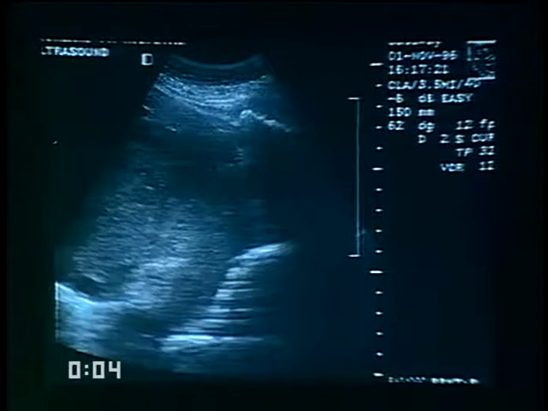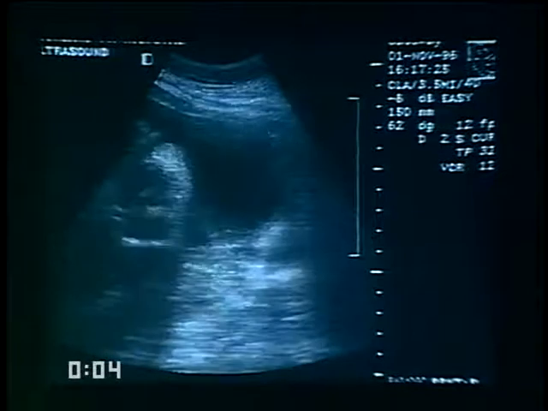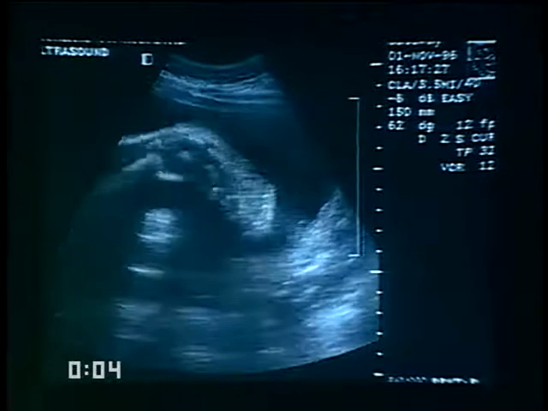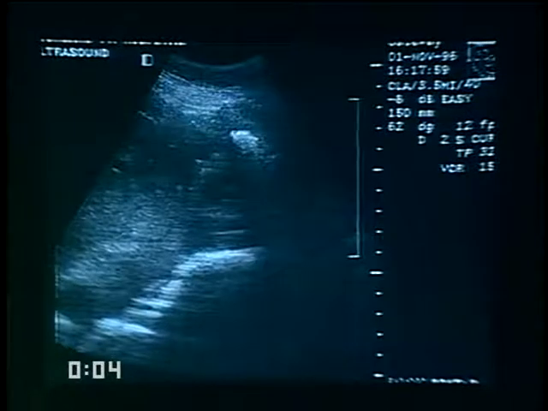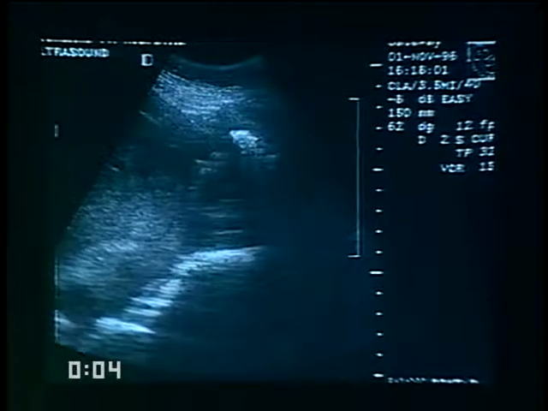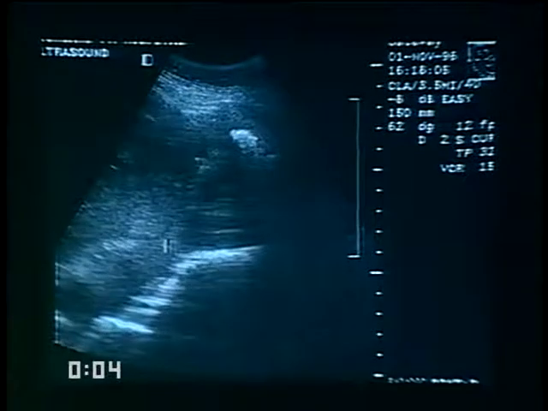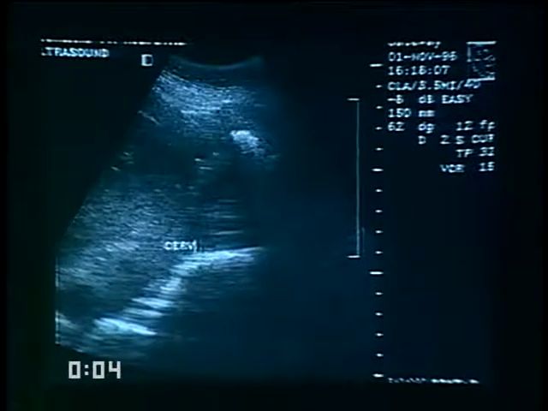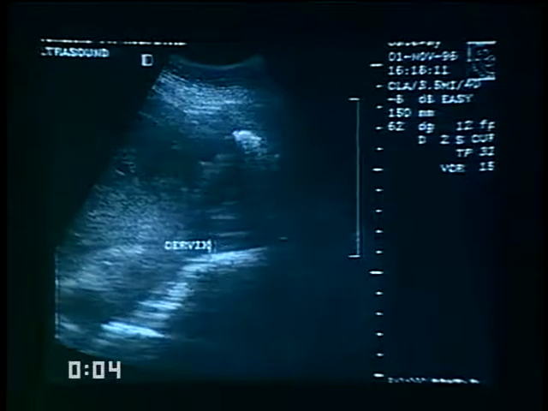This is labeled post-void, which gives you a hint. Why do we do post-void images? That says cervix. You can see the cervix here.